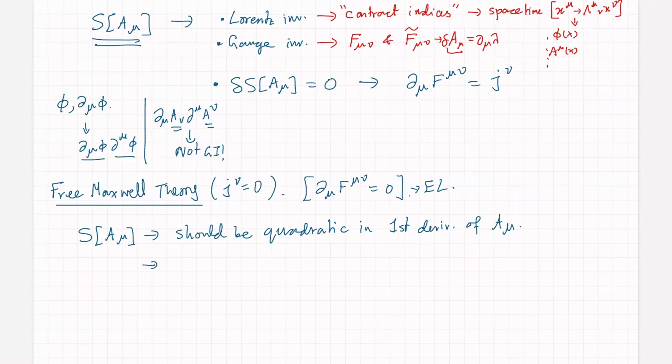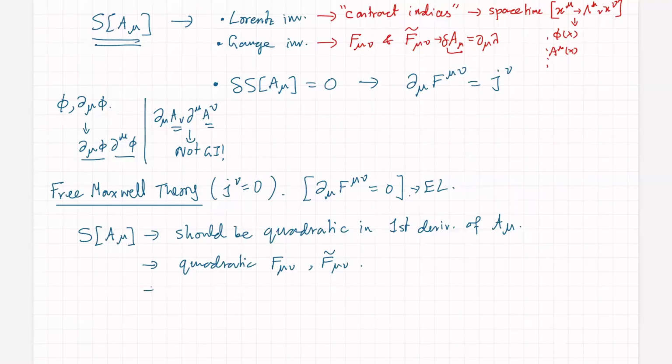So gauge invariance tells us that I should think of quadratics not of arbitrary derivatives of A_mu, but precisely in the combinations of F and F tilde, because these are gauge invariant. So I should look for quadratics of F^mu nu and or F tilde^mu nu.